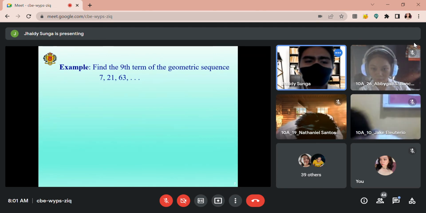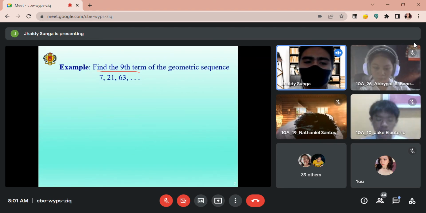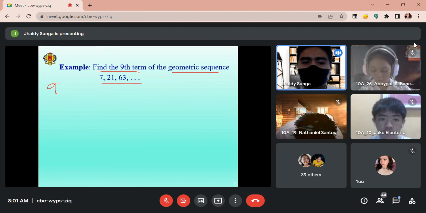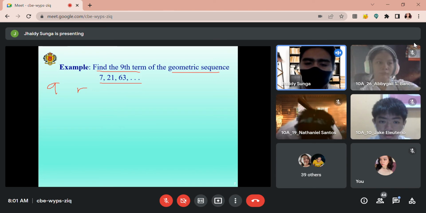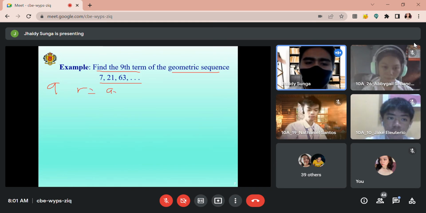Let us have this example. Find the nth term. We have the ninth term of the geometric sequence 7, 21, 63. Since it is a geometric sequence, we need r, the common ratio. What is the formula of the common ratio? We have a sub 2 over a sub 1.